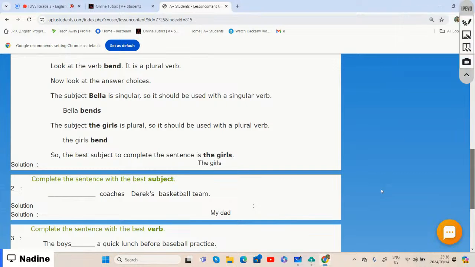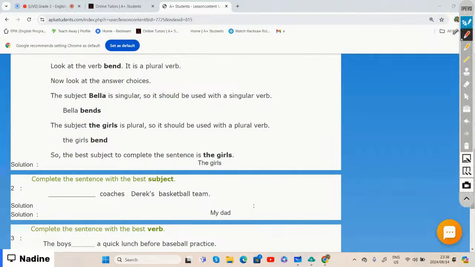All right, and if we were to choose the correct one, we would say the boys grab. Only grab, not grabs, grab a quick lunch before baseball practice.